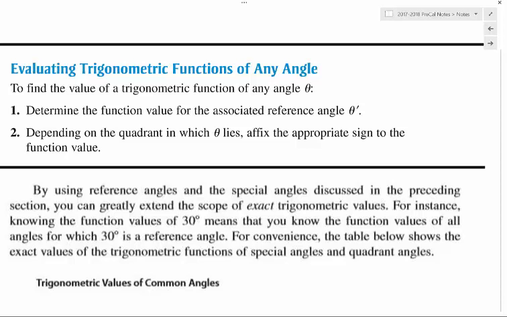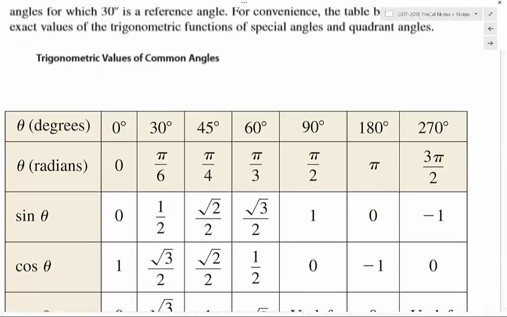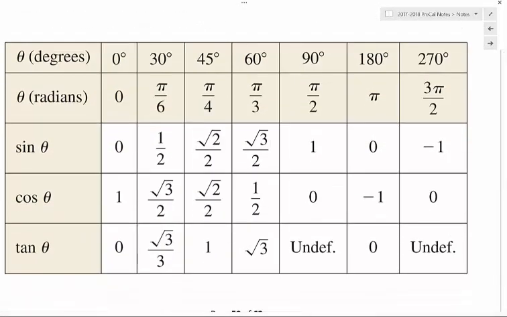For example, knowing the function values of 30 degrees means that you know the function values of all angles for which 30 degrees is a reference. The table below shows exact trig functions of special angles and quadrant values. Notice the undefined there. We've already talked about probably every single one of these, but here's just a quick table of them.